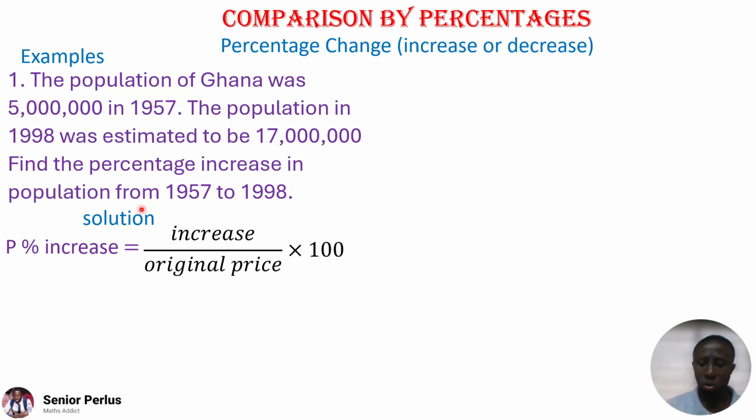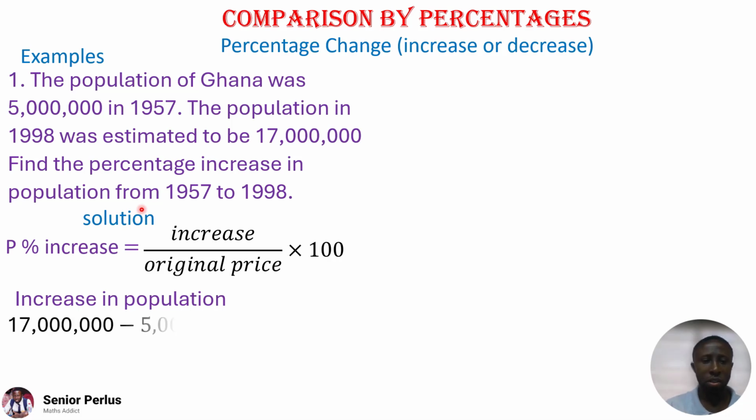Before we get the increase in the population, we have to know the difference between them, the highest minus the lowest. So 17 million minus 5 million, you have 12 million. And that's the increase in the population. But they say they want the percentage increase. So you have to express it in fraction form. That's why we are saying that the increase is out of the original price, or the original value here.